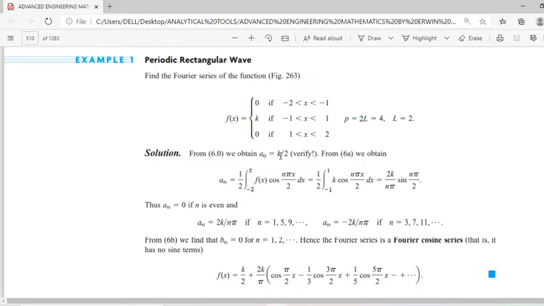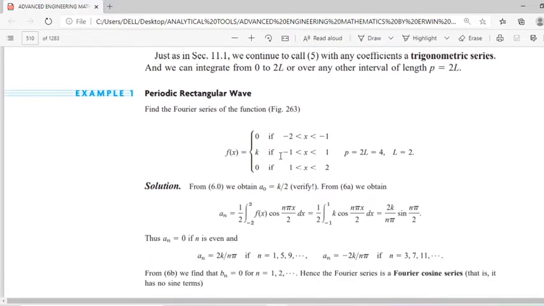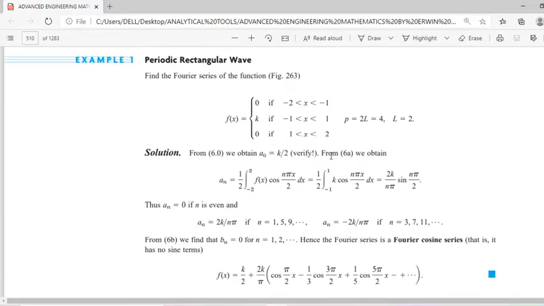After substituting in equation 6, you can see that a naught equals k by 2. You have to verify. Then an will be equal to 1 by l, so 1 by 2 into the integral from minus l to l, that means minus 2 to 2, of f of x into cos. k can be substituted between minus 1 and 1.